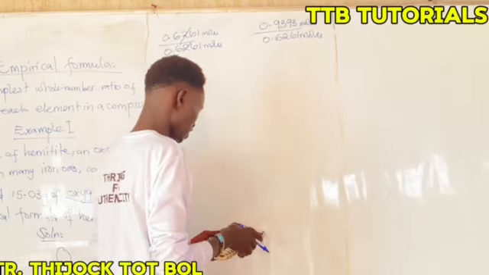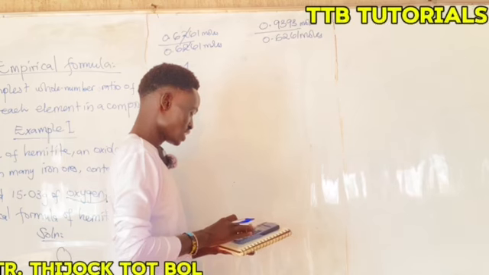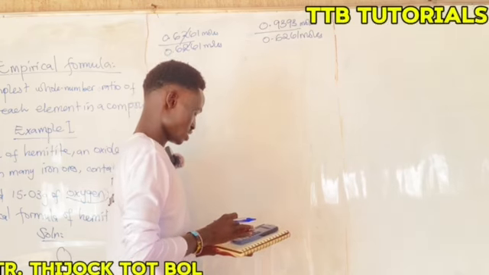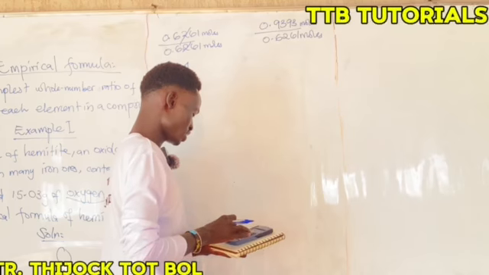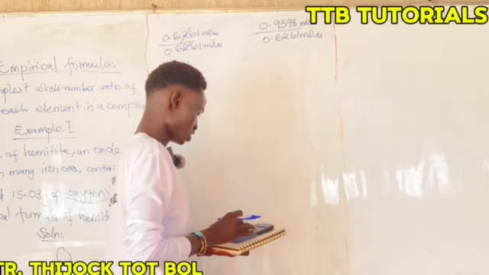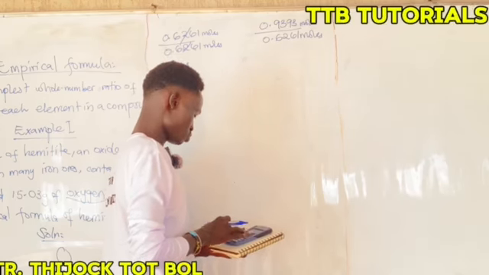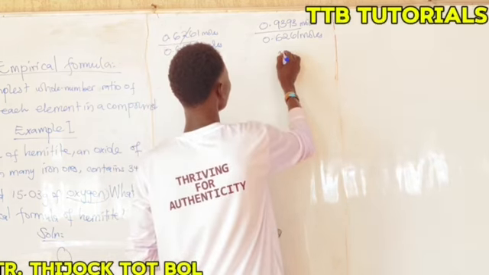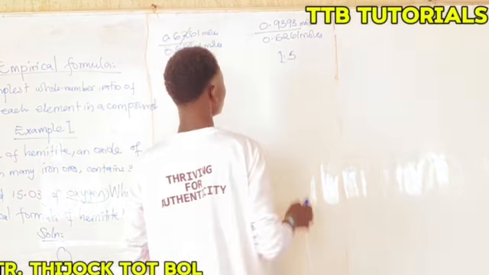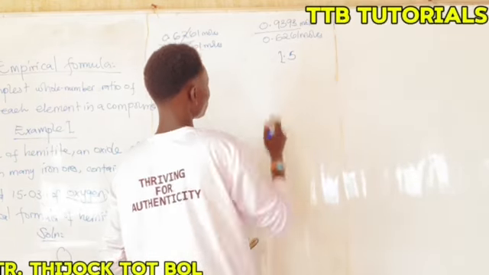Then you divide 0.9393 by 0.6261. Let's divide. Here I'm getting 1.5.